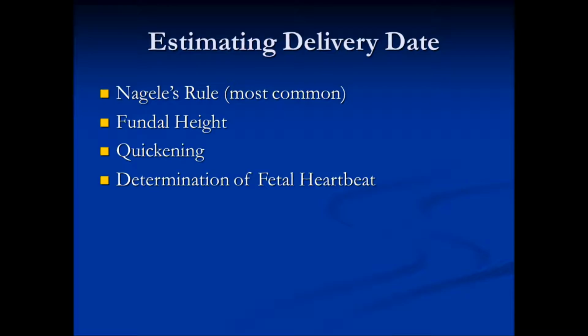We know that the actual pumping mechanism begins as early as 3 weeks, because we learned that earlier in this section. But again, the determination of fetal heartbeat is only a rough estimation of gestational age because every baby is different.